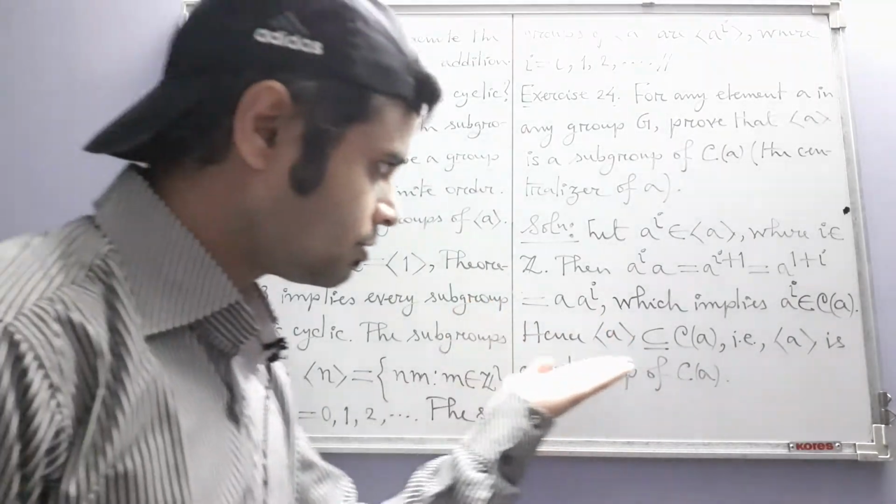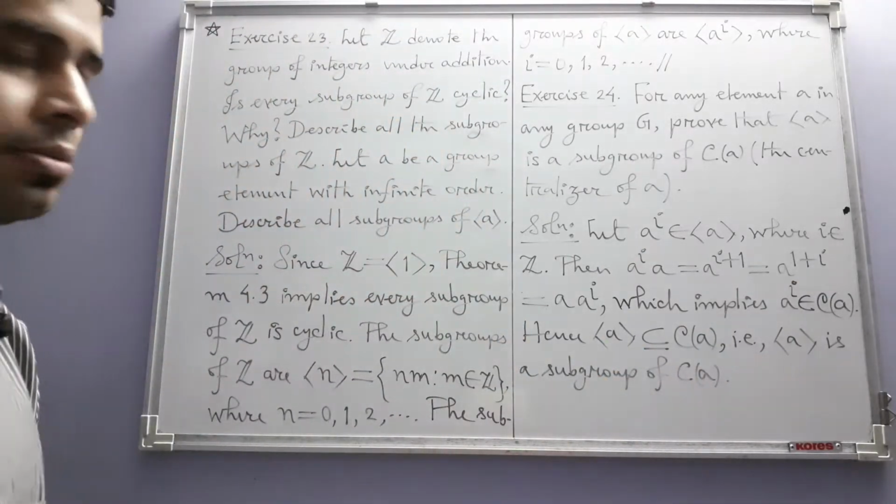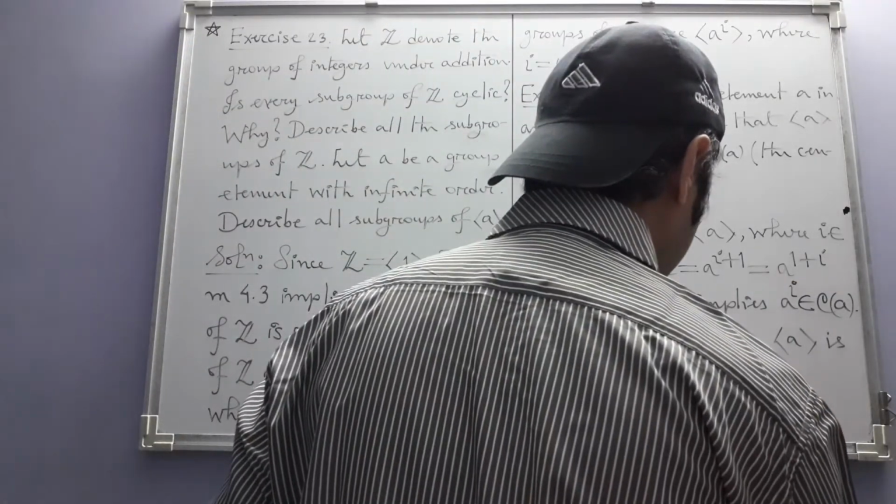That is why we are able to say that this is a subgroup of C of A. So this is the solution.